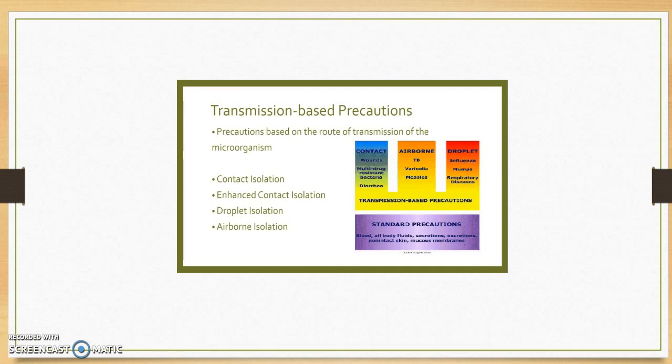And the enhanced droplet contact precautions are required for patients diagnosed with or suspected of having infection with microorganisms transmitted by both the droplet and contact routes, as well as by droplet nuclei suspended in air during aerosol-generating medical procedures.